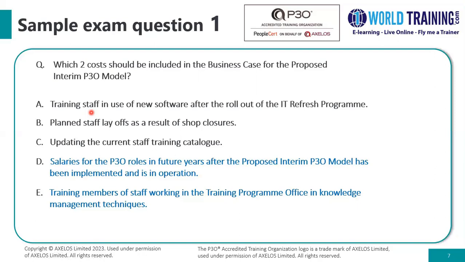So please do keep a note that oftentimes there could be options that could confuse you, and please keep the perspective of what really goes into the business case of the proposed P3O model as against the cost that goes into the business case of a particular project or a program or as part of the operational costs. Let's move on to question number 2.